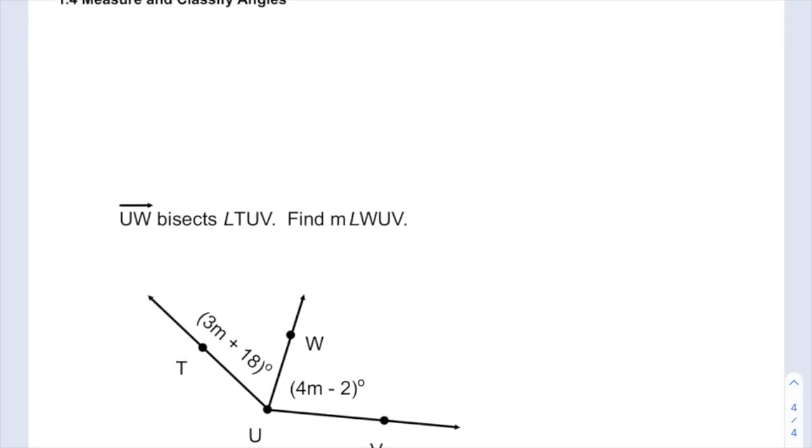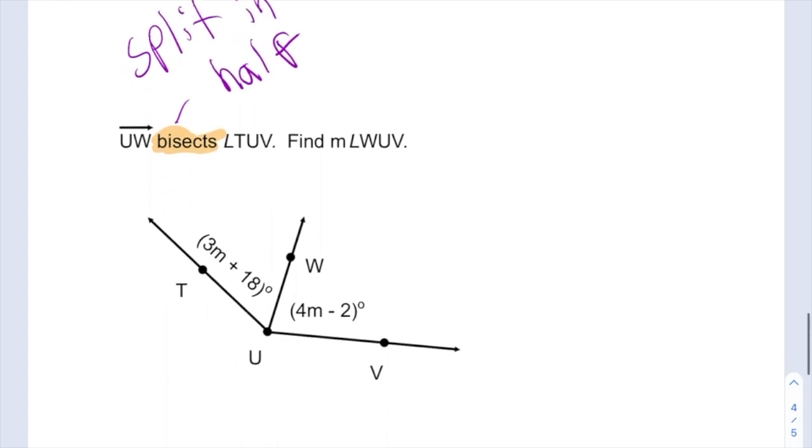Measure and classify angles. UW bisects angle TUV. This word bisects is a very, very important word. It means splits in half. If you bisect it, that means you're going to create 2 equal sides.